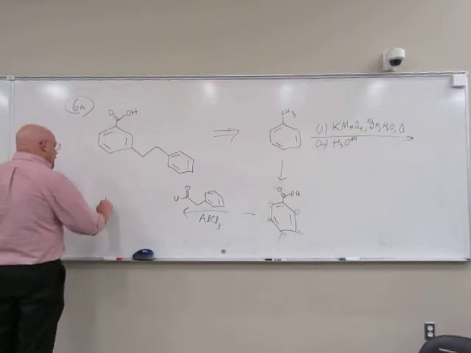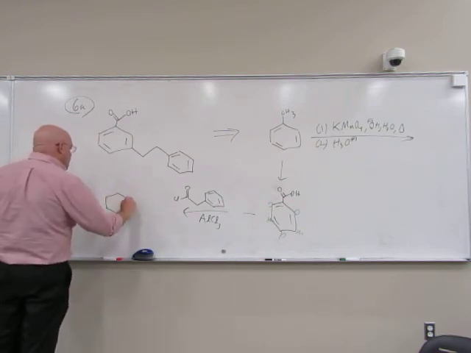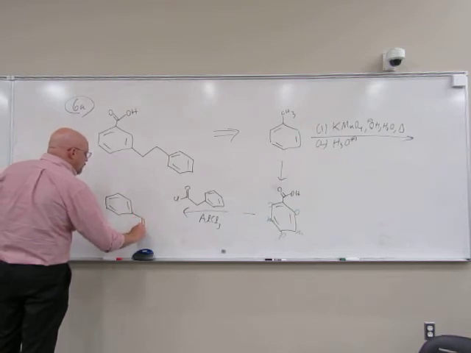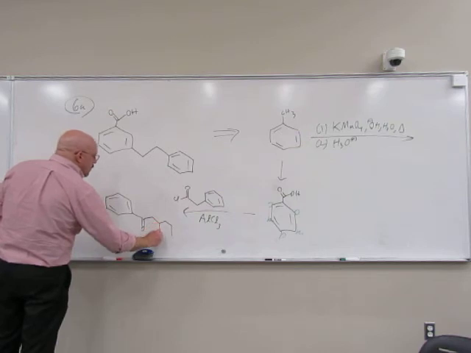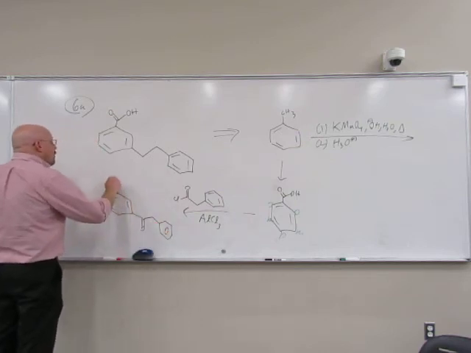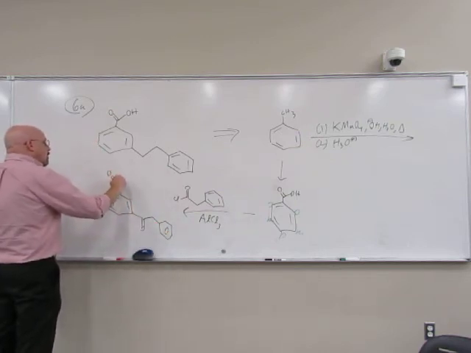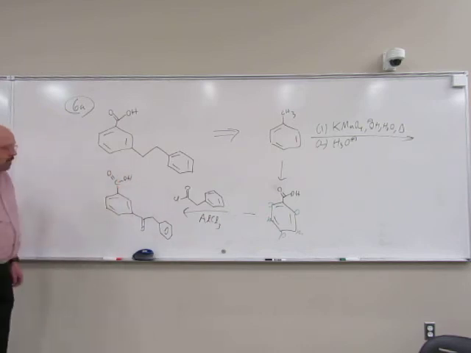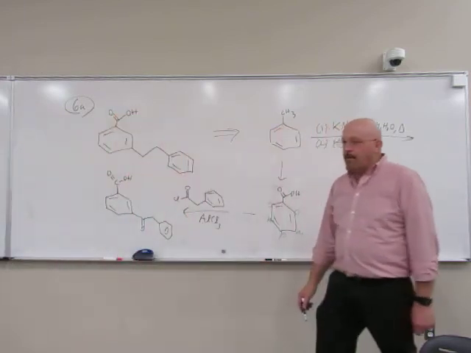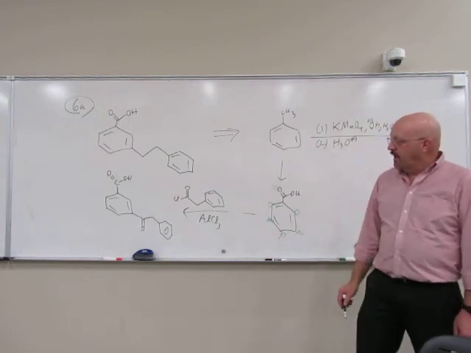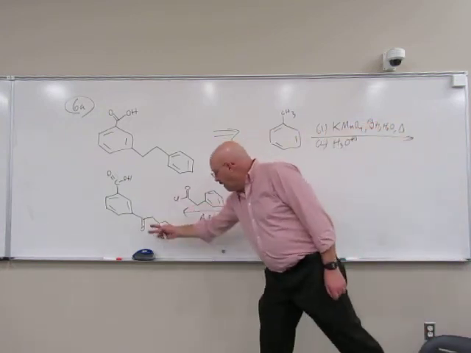And then that will put an acyl group on because the acyl cations do not rearrange. Okay, so we've made progress. Got the right number of carbons on. It's just that I have a carbonyl and I don't want a carbonyl.